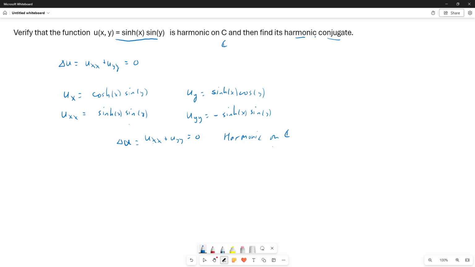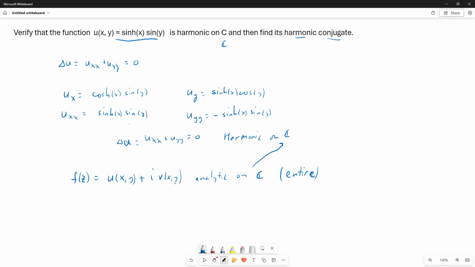So the idea of a harmonic conjugate is that if you have a harmonic function, then there exists a function f of z, which is the given u of x, y plus i v of x, y, which is analytic on the set on which u is harmonic. So analytic on this set, which is all of the complex plane, which means that it's entire, to use a vocabulary word there.